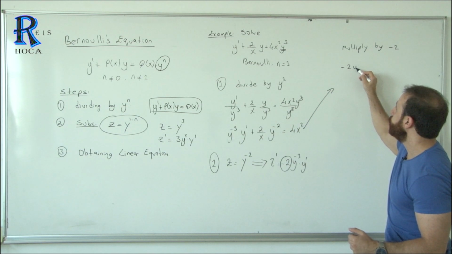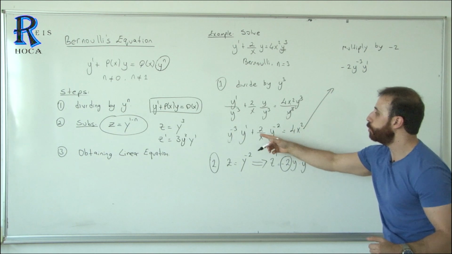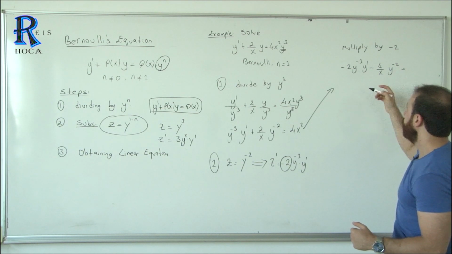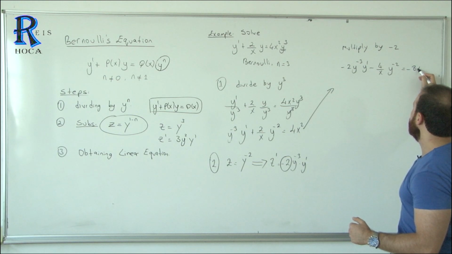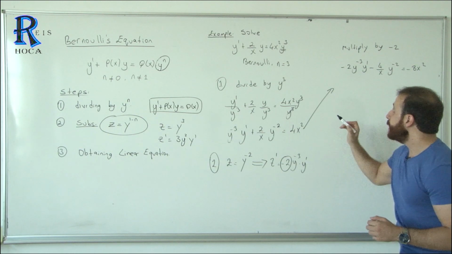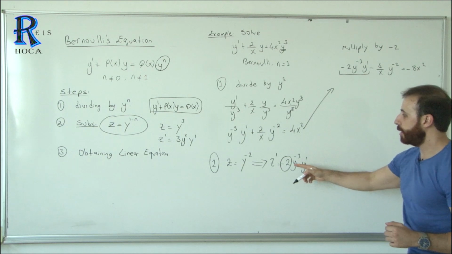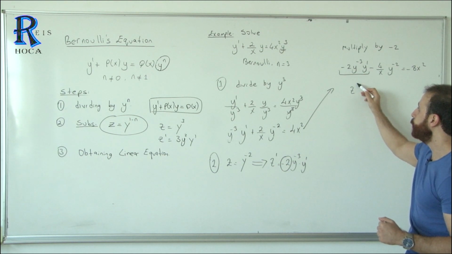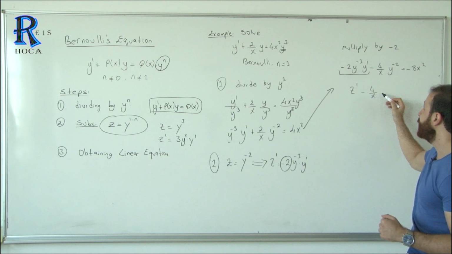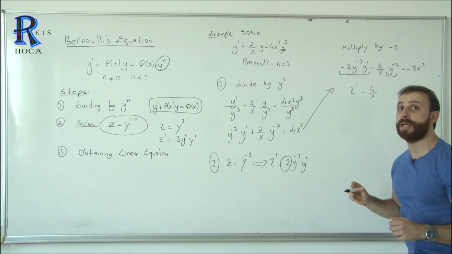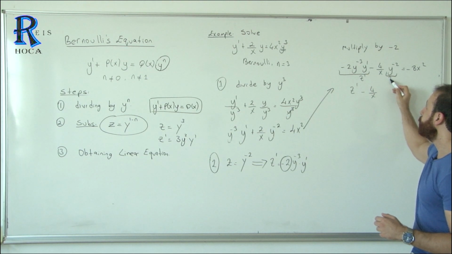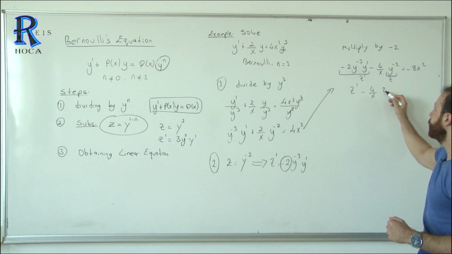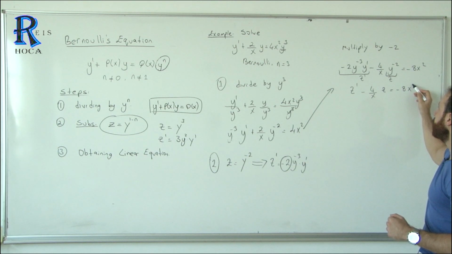So minus 2, y to the power of minus 3, y prime; multiplying by minus 2, minus 4 over x, y to the power of minus 2; multiplying by minus 2, minus 8 x squared. Now this always gives us z. Here is z prime, minus 4 over x, and y to the power of minus 2 is exactly z, equal to minus 8 x squared.